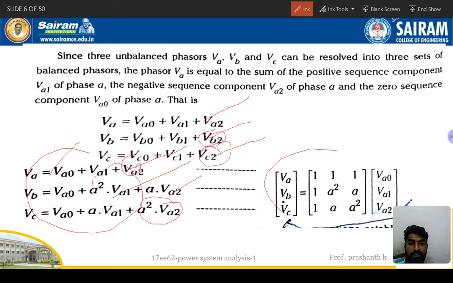In matrix form, we got this matrix: VA, VB, VC is equal to the matrix [1 1 1; 1 a square a; 1 a a square] times VA0, VA1, VA2.